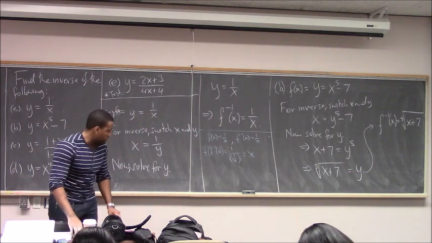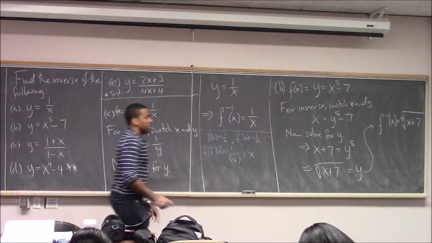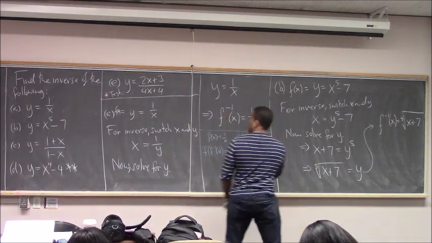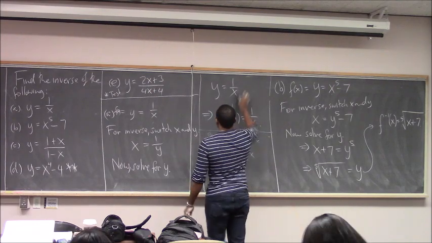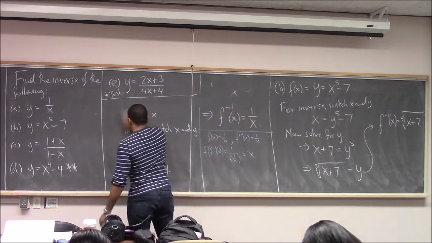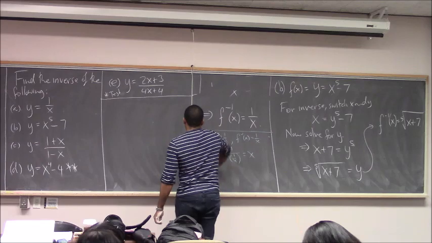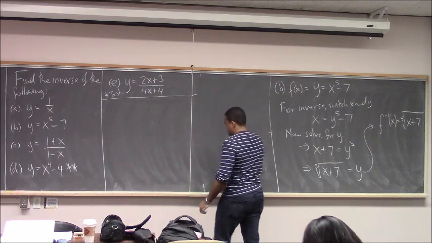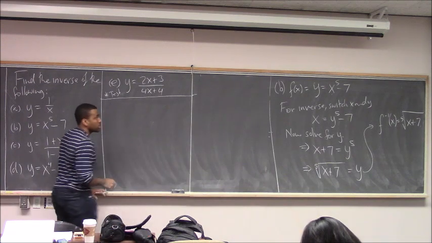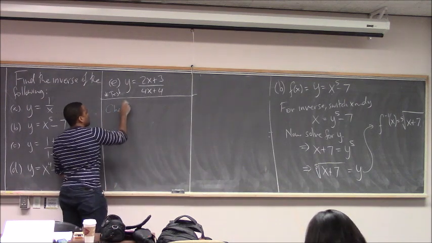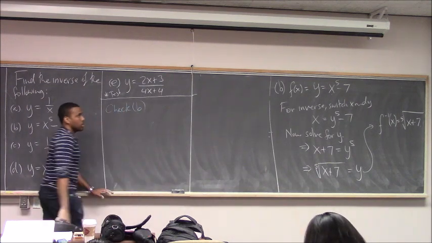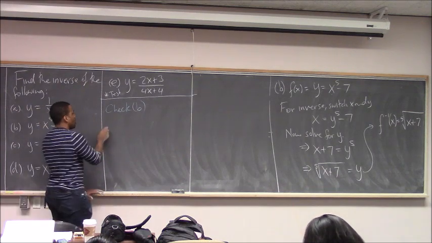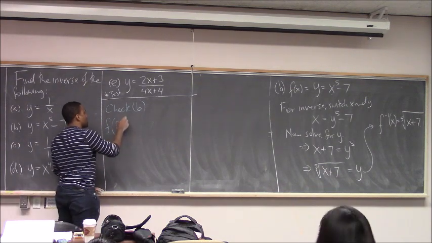And this is something that you could actually check. I won't do this for all of them probably, but this one's easy enough for you to check. So check B. Okay, so what would f of f inverse look like?